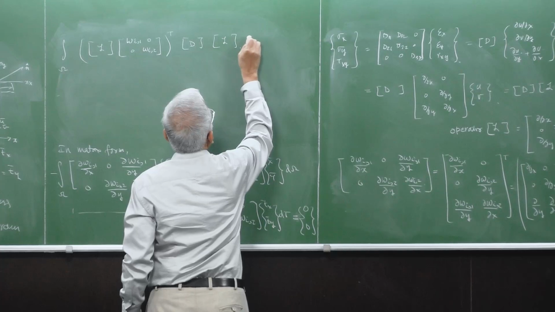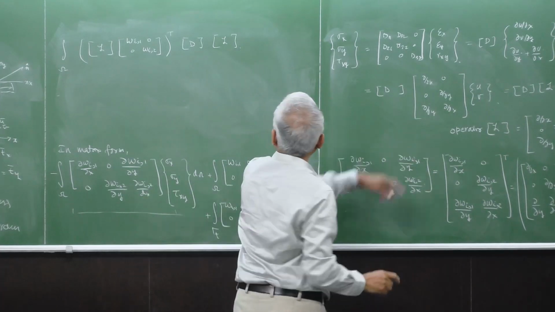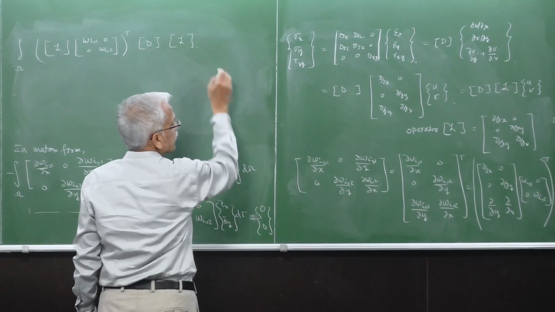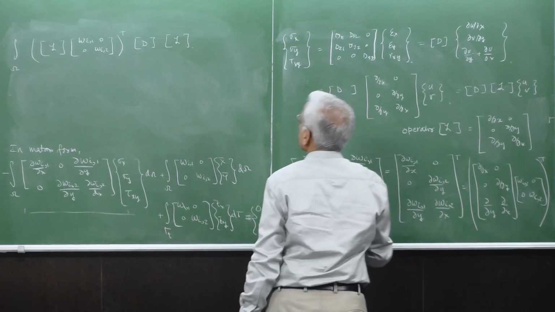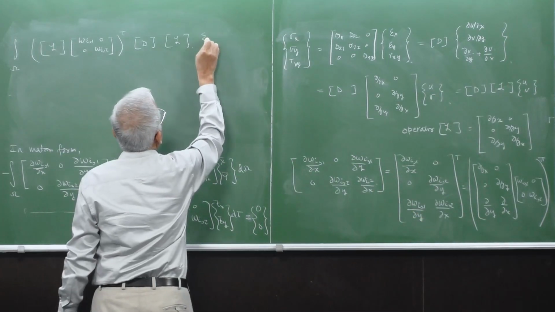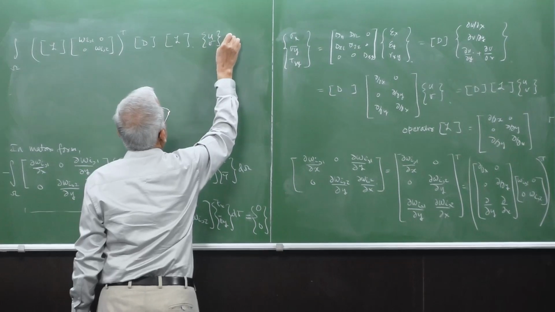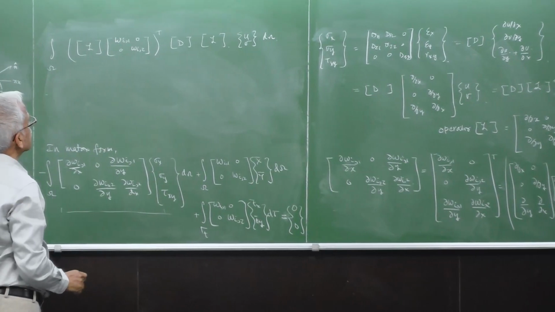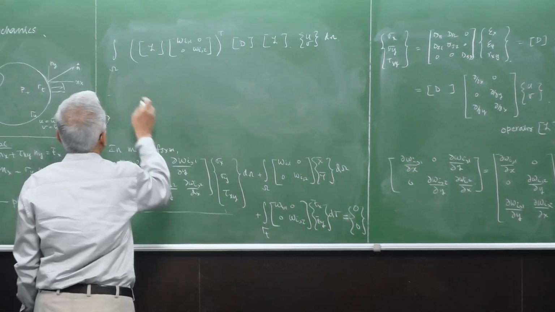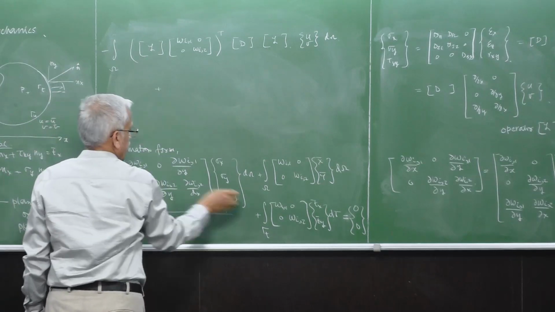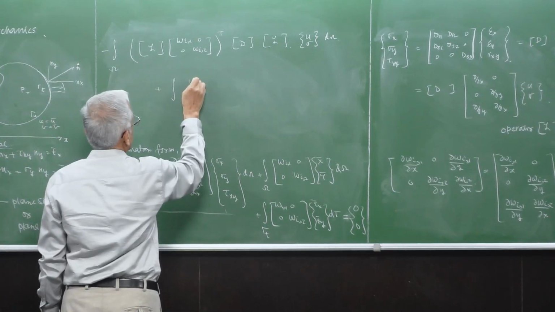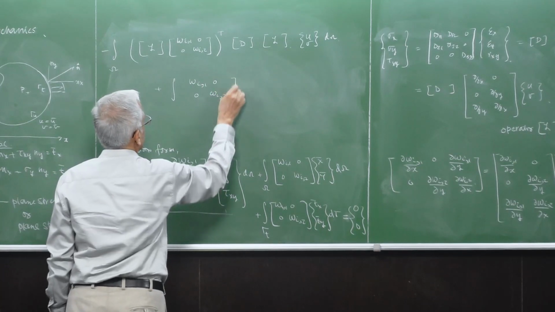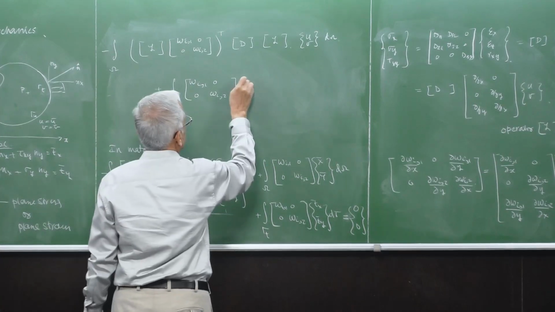This is nothing but your L times D times L times u v. Okay, so this is how we have put the first one with a negative sign here, and again I'm repeating.